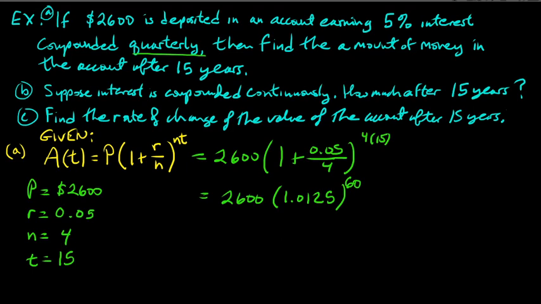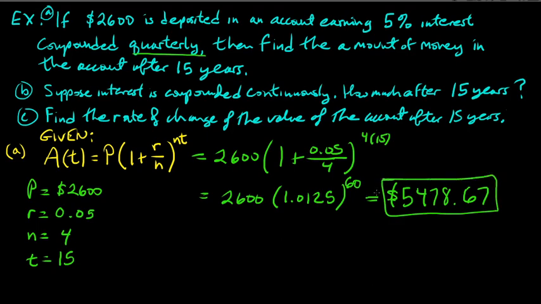So this is going to be more than double: 2,600 times 2.10718, which gives $5,478.67, rounded to the nearest penny. That's how much you have in the account after 15 years. So it just slightly more than doubles.